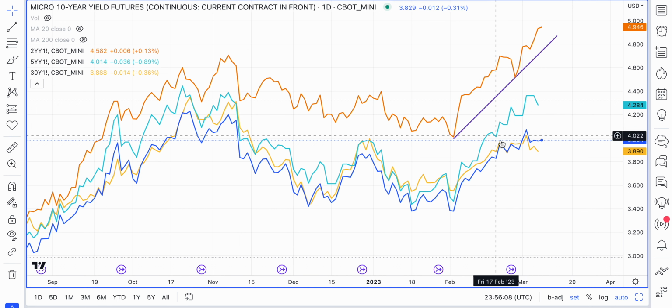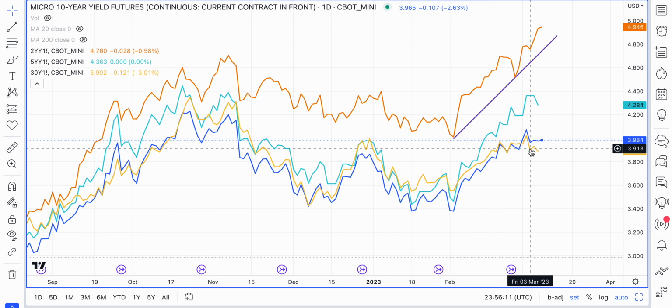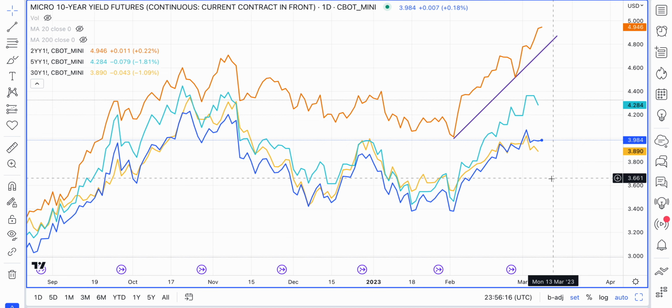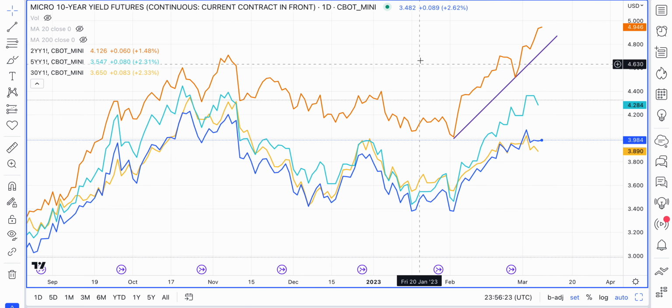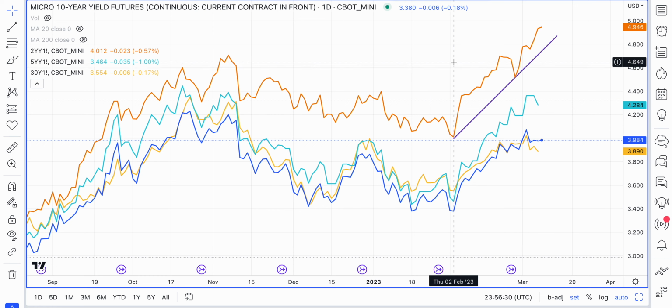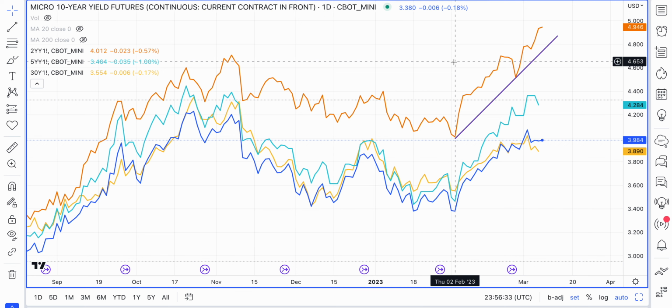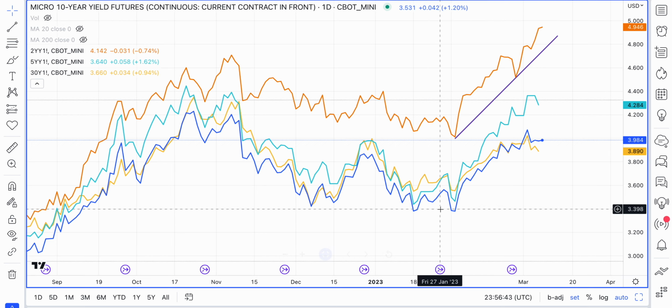Towards the middle, we have the 10-year note, and the long bond, which should be yielding the highest in normal periods, is actually yielding only 3.89, relatively speaking, and the 10-year 3.98 and the 5-year 4.28. So guys, this is yield inversion. Usually an inverted yield curve is a warning sign of a downturn in the economy, in other words a recession. So this is what we have to pay close attention to.